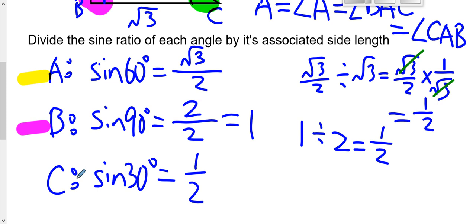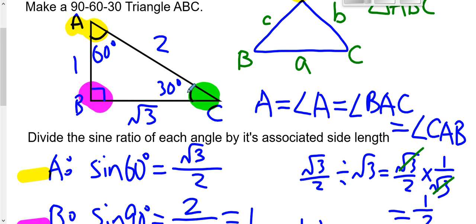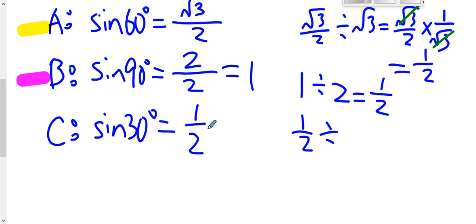For angle C, the sine ratio is 1/2, divided by the associated side length. Angle C is here. The length of the side opposite to this is 1. So 1/2 divided by 1 is 1/2 times 1 over 1. That still gives you 1/2.